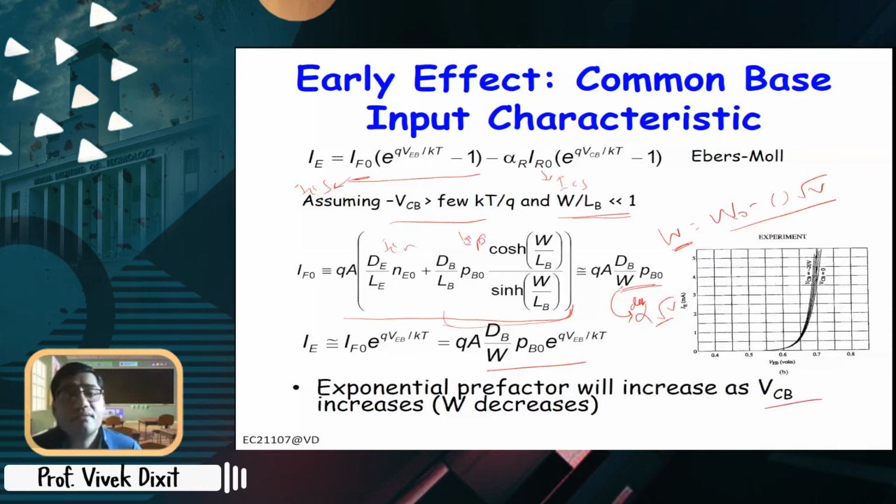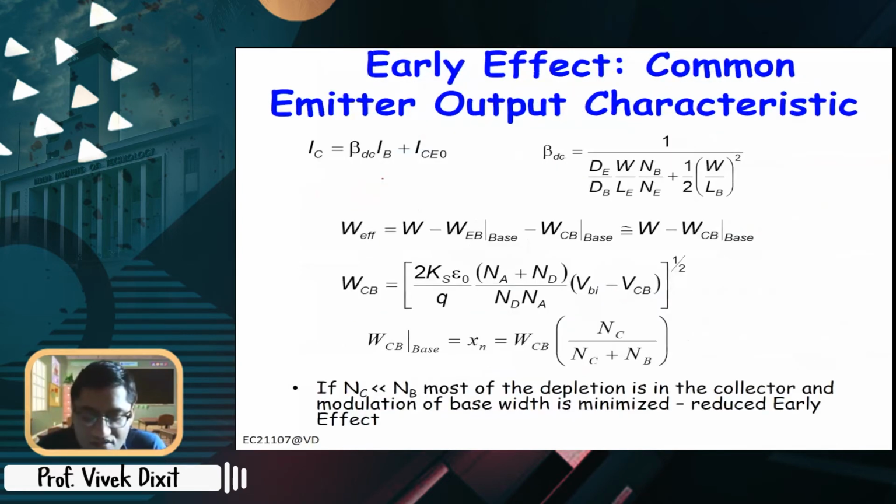Similarly, for common emitter, you can write IC is equal to beta IB plus ICO, and your beta is again inversely proportional to the actual base width, which decreases, right? So your beta increases, so your IC increases.